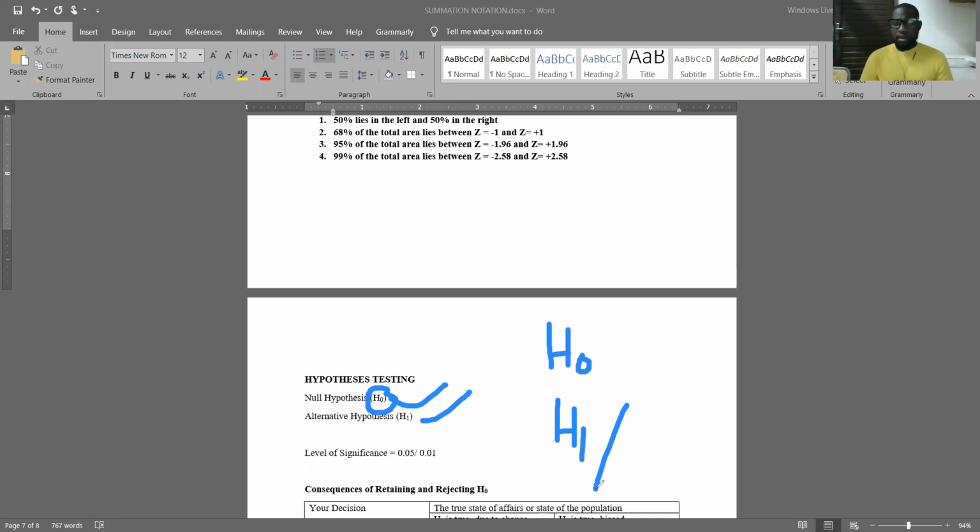So in sampling our people, let's say we want to conduct a study among University of Ghana students, and we sampled maybe 100 students to represent University of Ghana, and we tested their performance in statistics. So we want to find out University of Ghana students' performance in statistics.